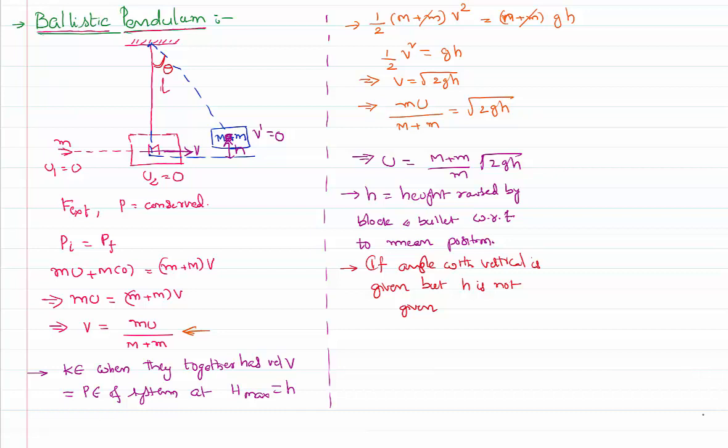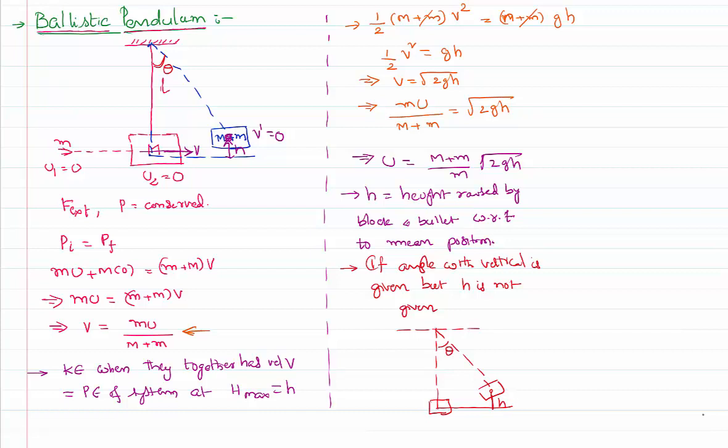I will just redraw the diagram here. This is where initially both of them are there. Now they have raised to a certain height. When compared with the mean position, that height is nothing but equal to h.